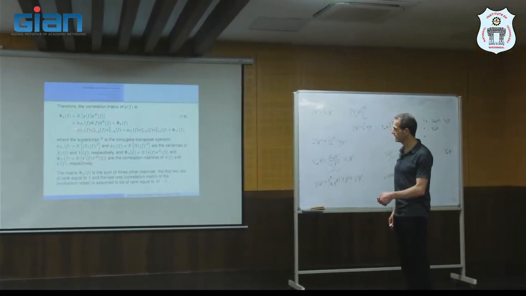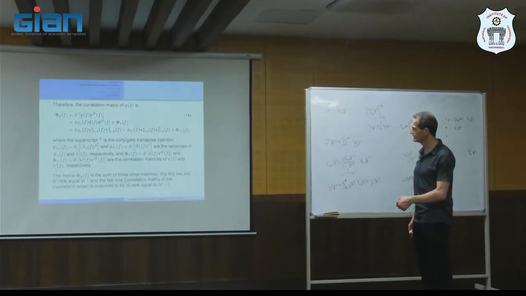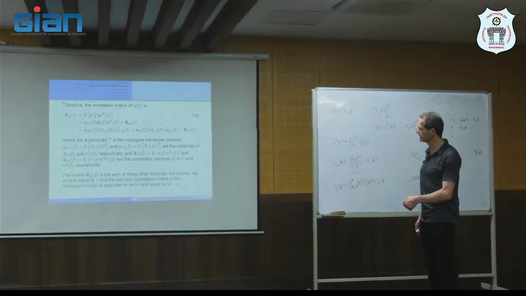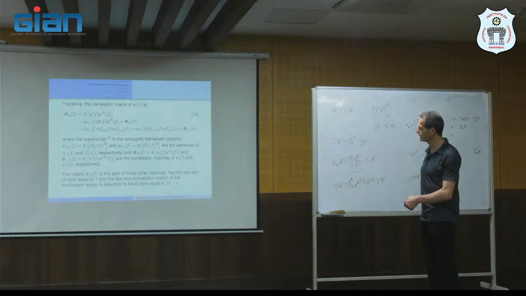So this is the power, the variance of the desired signal, and this is the variance of the noise. The first element in this matrix, the top left element, is 1, because the correlation between V1 and V1 is normalized by V1, so it's always 1.